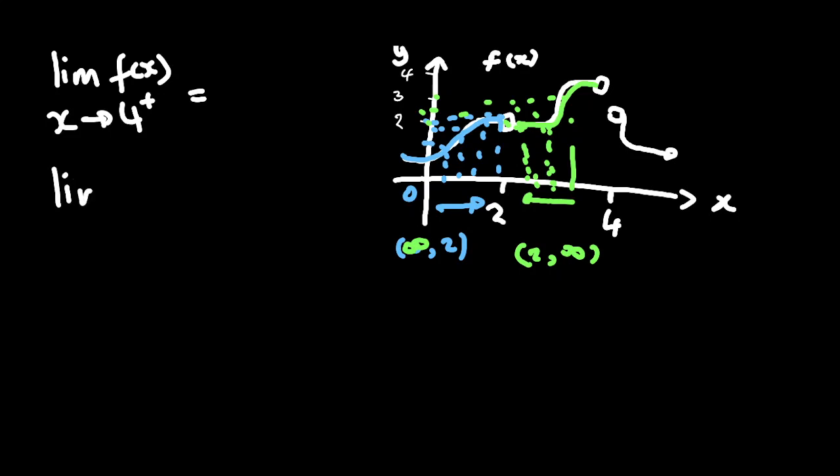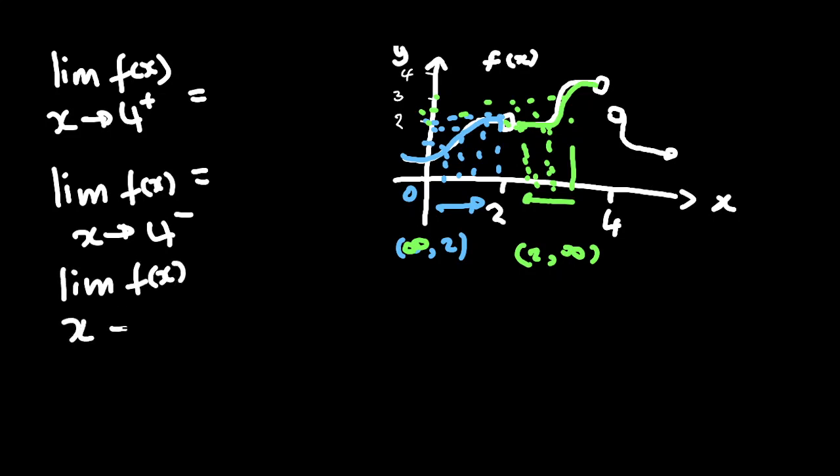And what will be the limit of f(x) as x approaches 4 from the left? And what will be the limit of f(x) as x approaches 4? So let's look at our function.